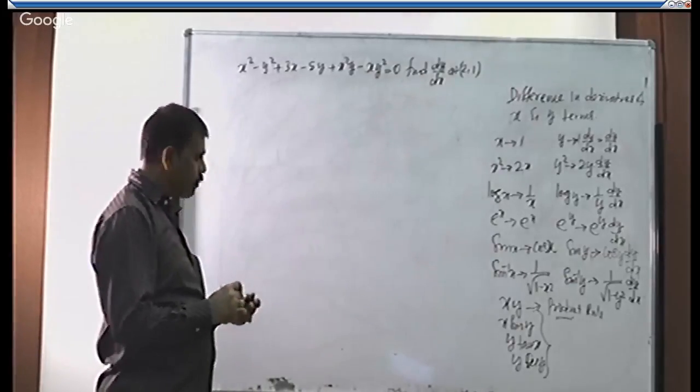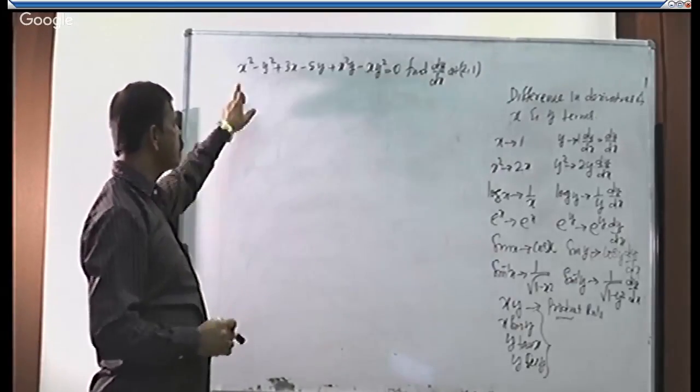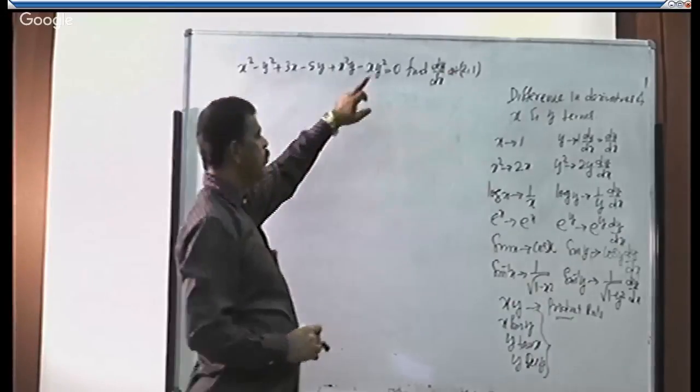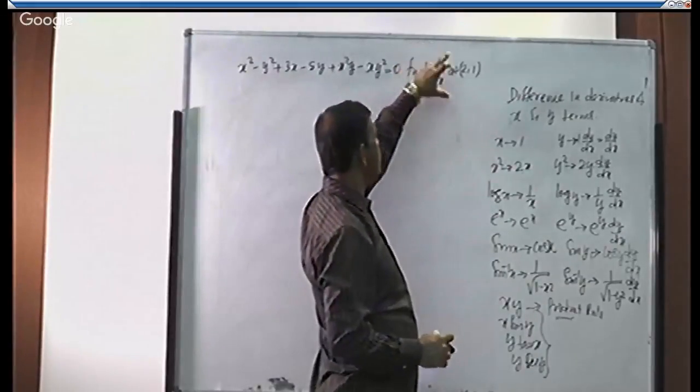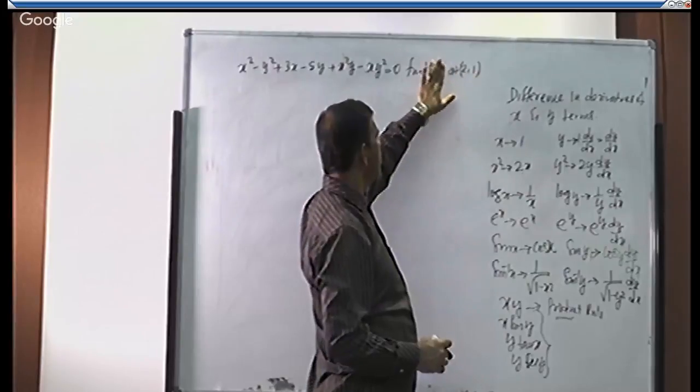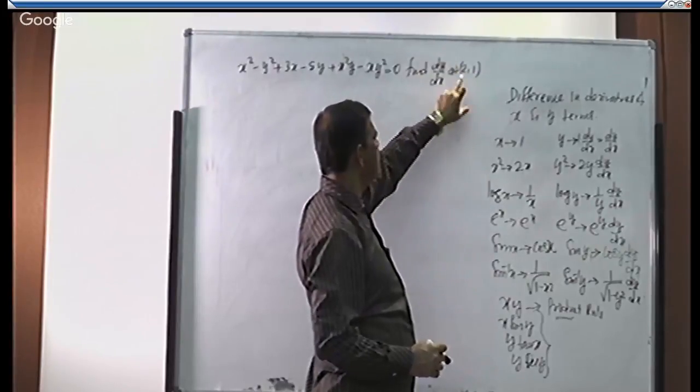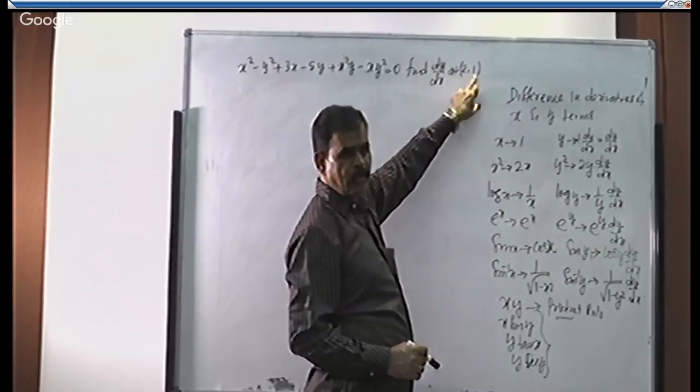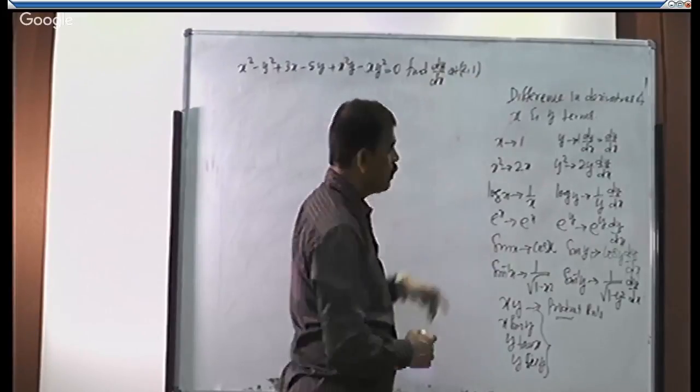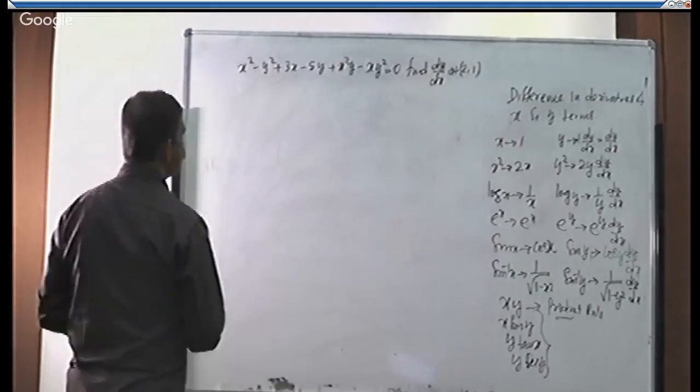For the given implicit function, we have to find dy by dx at 2, 1. It means after getting dy by dx, put x is equal to 2 and y is equal to 1. First get the dy by dx.